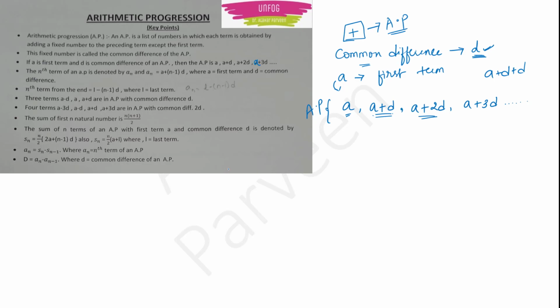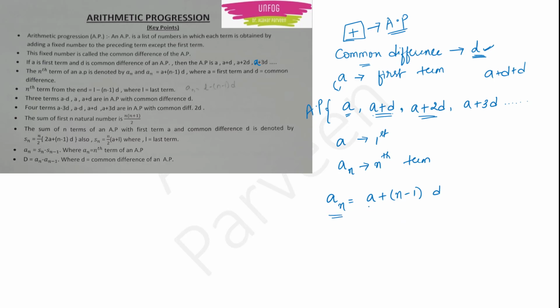So this was about the progression. Now if I want to find the nth term of this arithmetic progression. See, first term we denoted by A, right? If we want the nth term, we denote it by A suffix n. Okay. This will be your nth term. Now we have a formula to find the nth term of the arithmetic progression. That formula is an is equal to A plus n minus 1 into D. Here what do these alphabets mean?